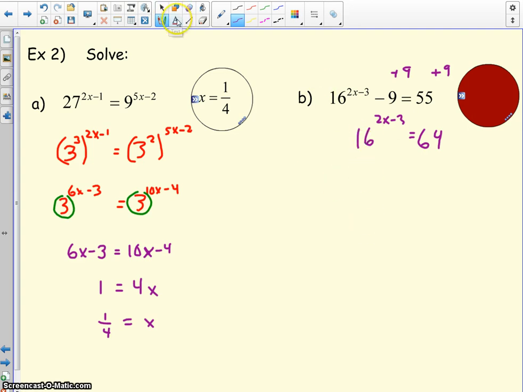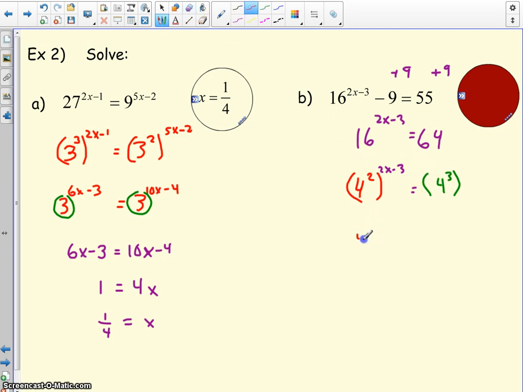So if I were to express 16 as a power of 4, 16 would be equal to 4 squared. So I'd have 4 squared to the 2x minus 3. And 64 would be 4 cubed, or 4 to the power 3. So once I have that, again, I'm close to being able to equate the exponents. Just got to simplify both sides of the equation first.